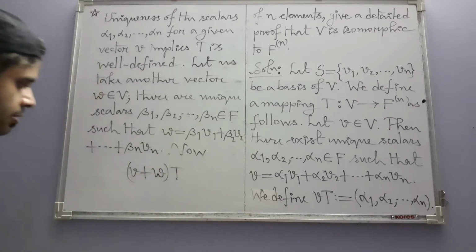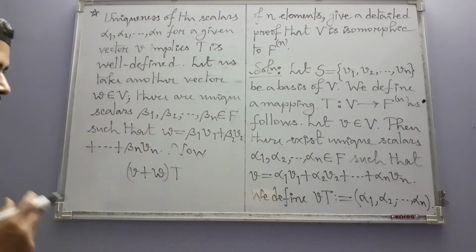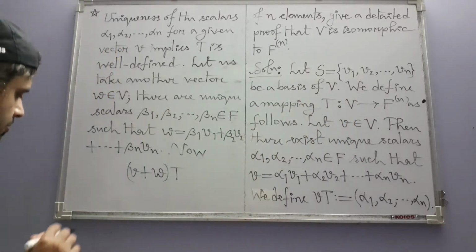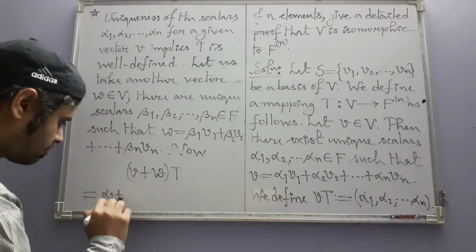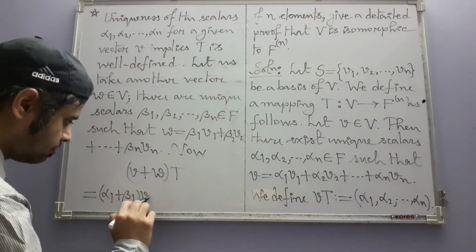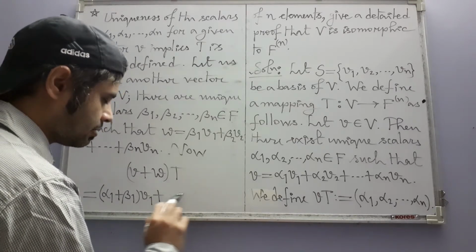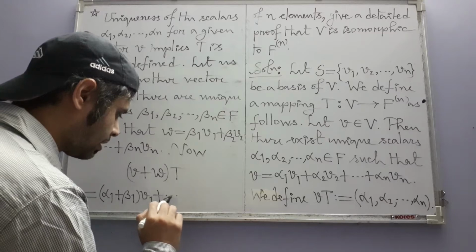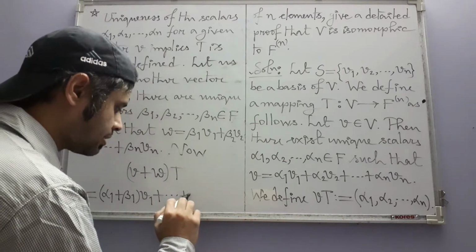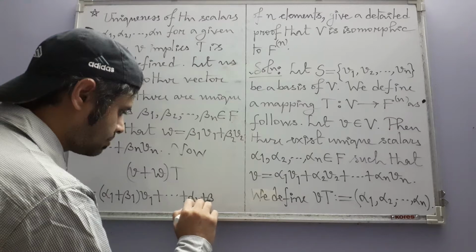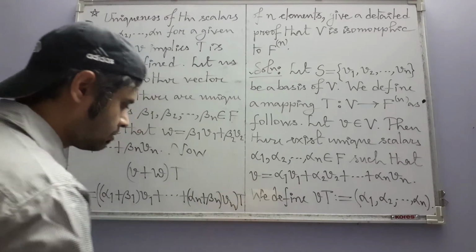Using the axioms of the vector space V, we can write v plus w as (alpha 1 plus beta 1) v1 plus (alpha 2 plus beta 2) v2, and so on, with an ellipsis because of lack of space, up to (alpha n plus beta n) vn, and on this we are applying the function T.